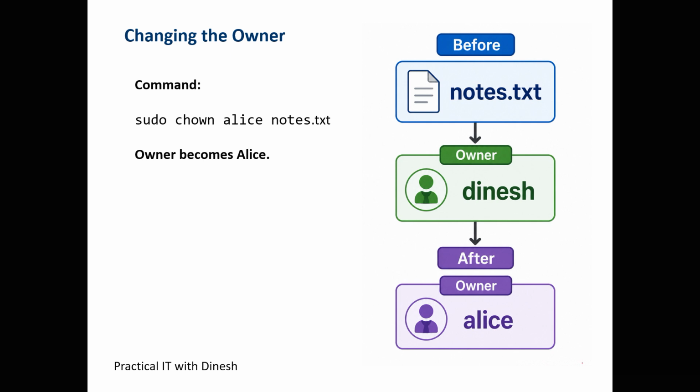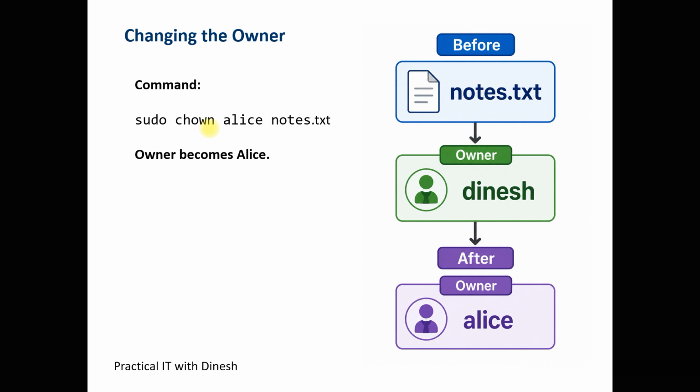To change the owner, the command is sudo chown username and the file name. For example, sudo chown alice notes.txt. The chown command stands for change owner.